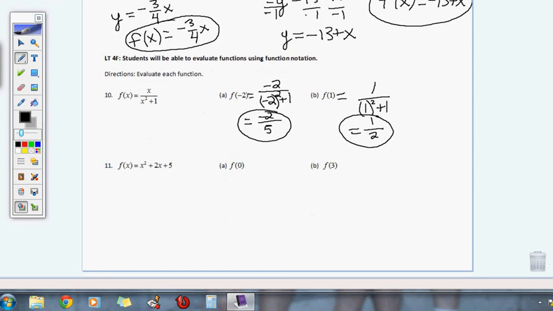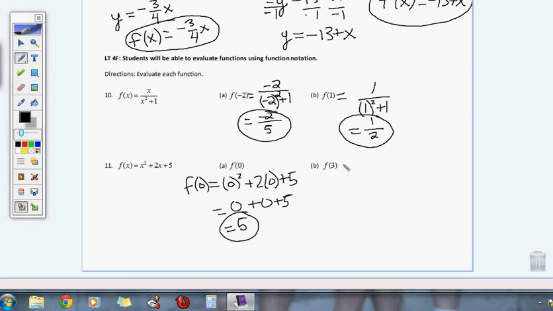All right, and then moving along here, same exact thing. Hopefully you can see here that f of 0, I'm not going to have enough space there, so I'll put it right here. F of 0 is equal to 0 squared plus 2 times 0 plus 5. So what that equals is 0 plus 0 plus 5. So f of 0 here is actually the value 5.